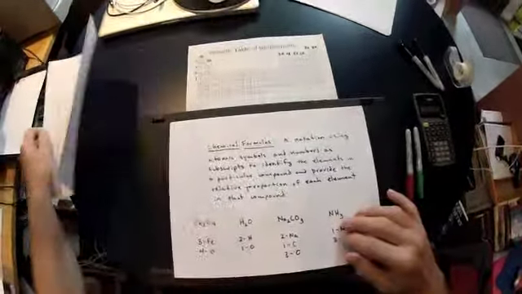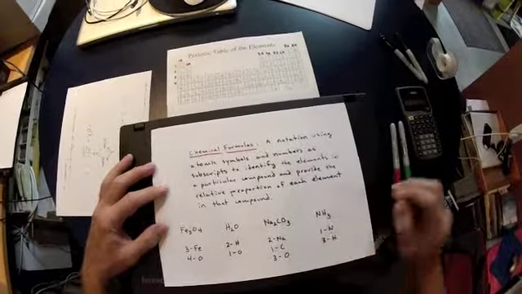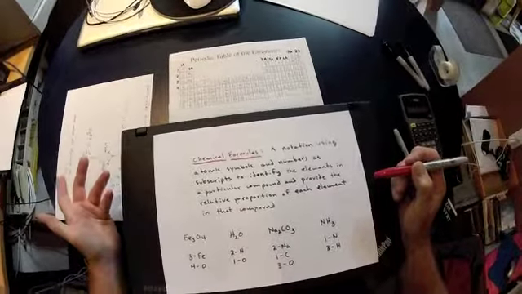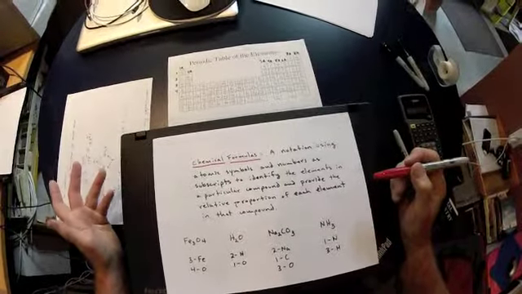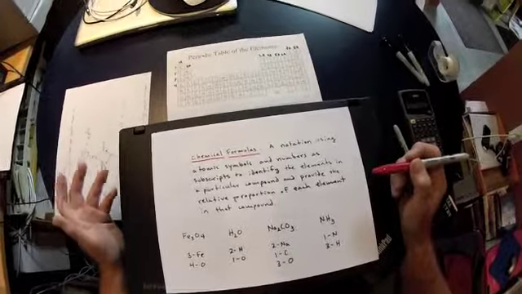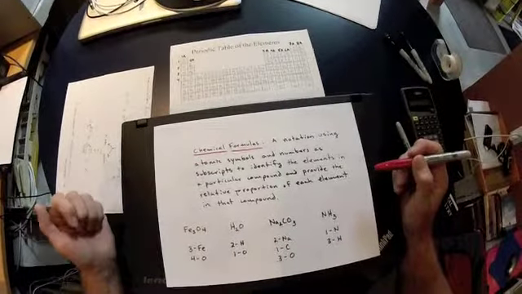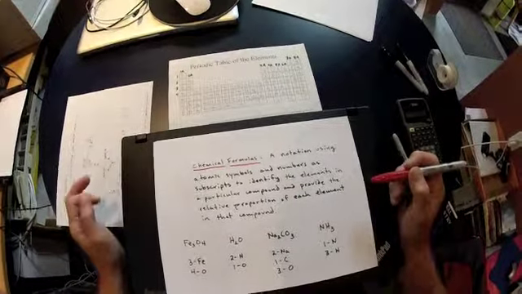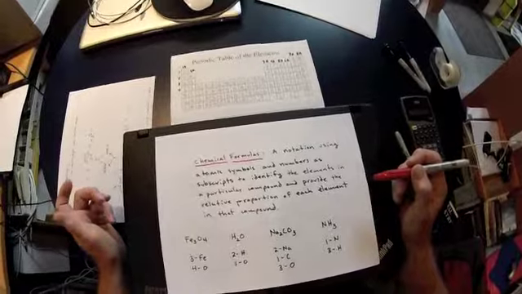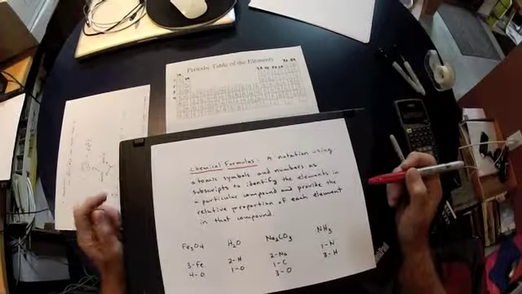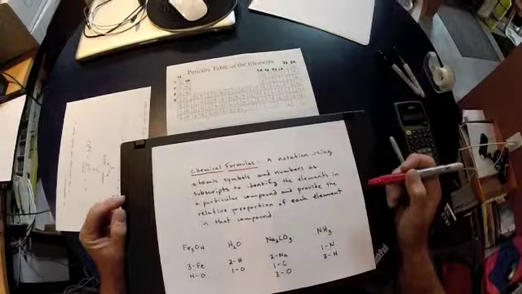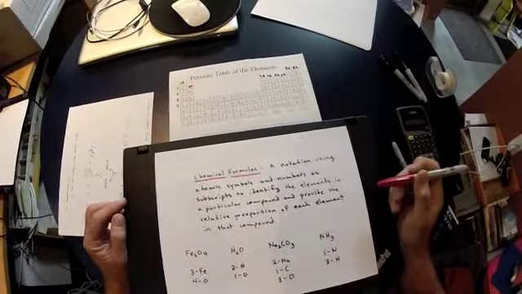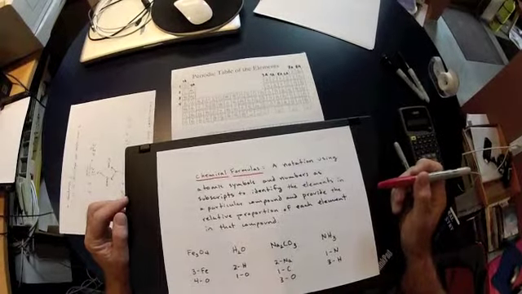Now, before we can answer that question, we need to talk about what a chemical formula means, because again, we're not dealing here with a single element. Iron ore is composed of 2 elements. So what is a chemical formula? A chemical formula is a simple notation that involves 2 factors. One of those factors is atomic symbols. The chemical formula includes the atomic symbols of all the elements that appear within that compound.